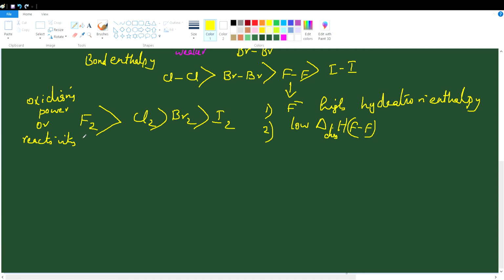Fluorine being the strongest oxidizing agent, it can oxidize other halogens. For example, fluorine can oxidize chlorides into chlorine, bromides to bromine, iodides to iodine, itself undergoing reduction to fluorides.